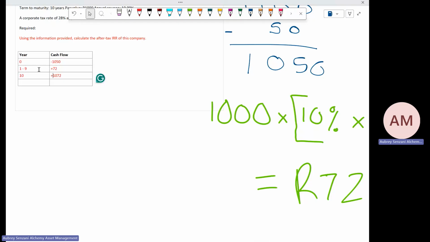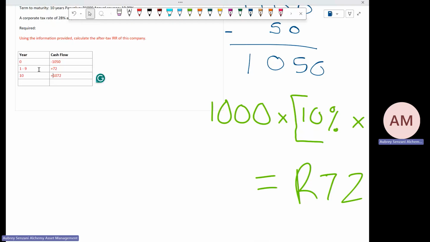Because when I tried it, it wasn't working out well. Do we remember how to do the IRR calculation with our calculators? What would our inputs be?